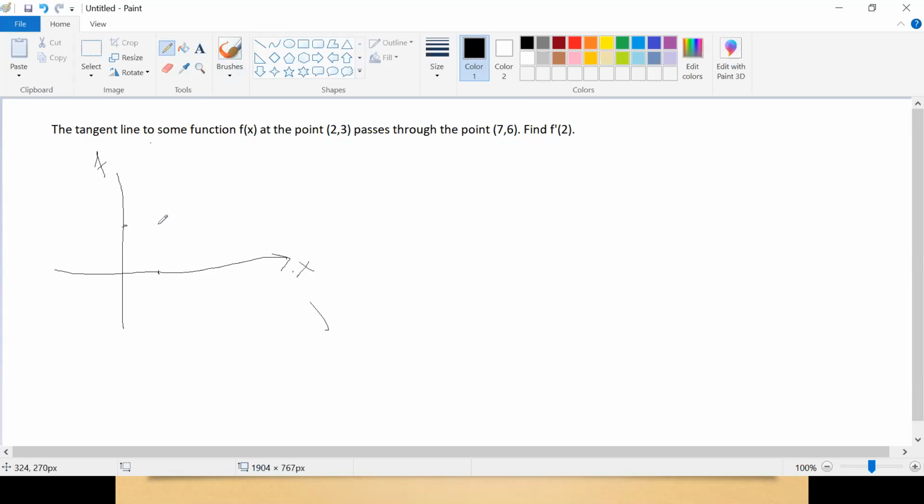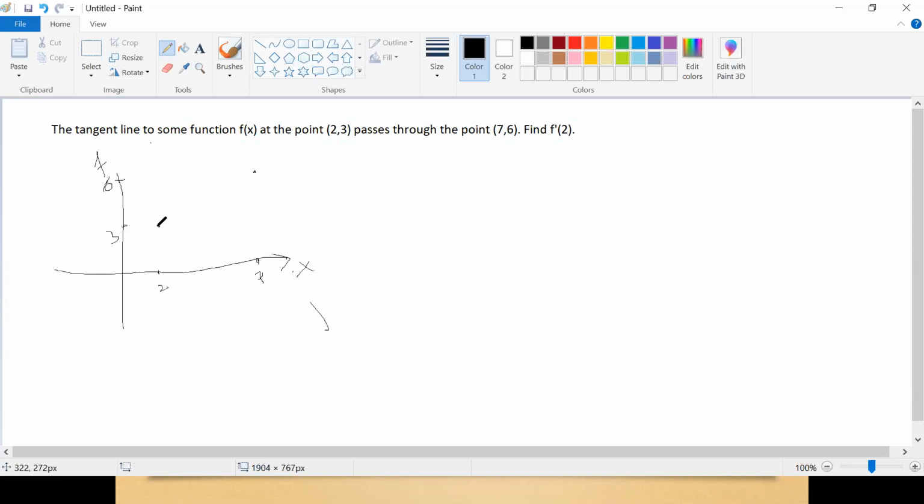So at this point, this is 2, 3, and another point is 7, 6. So say this is 7, and this is 6.